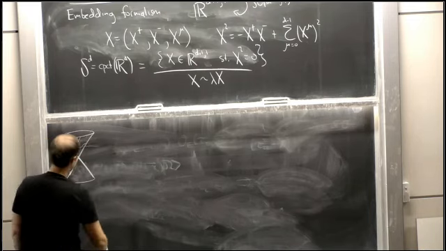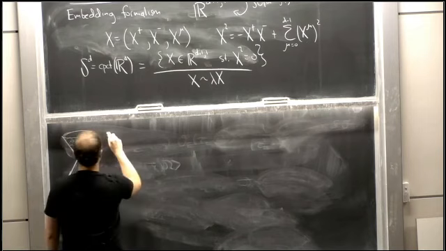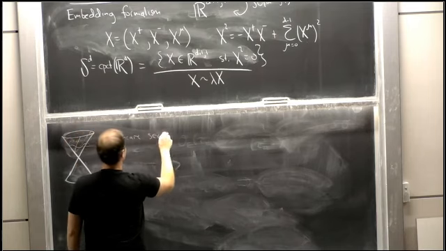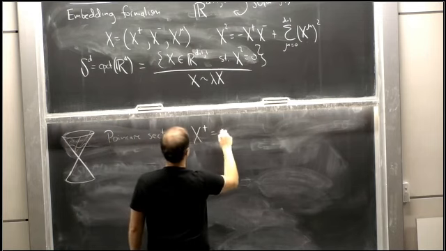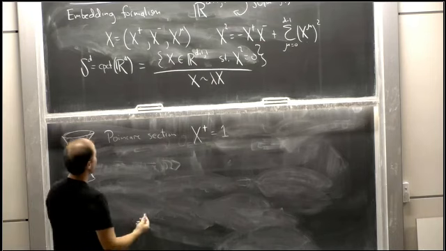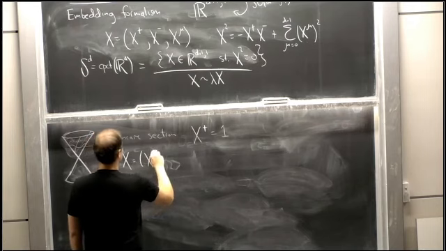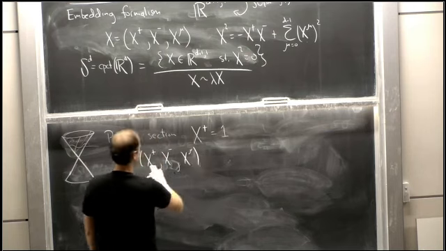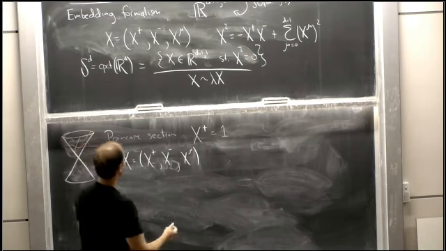It's where you cut the embedding space with a plane, the plane x^+ equals 1. And so a null vector on the Poincare section has the form, so here we can plug in x^+ equals 1 and then solve the condition that this thing should be null.